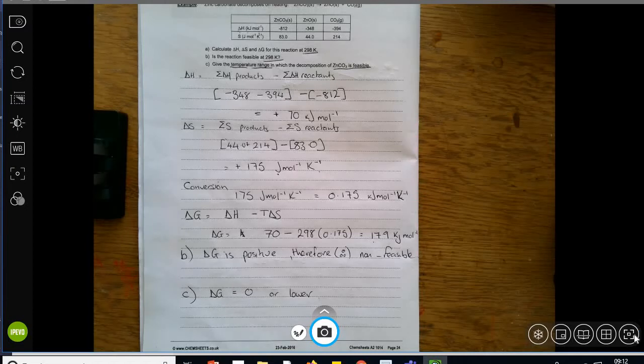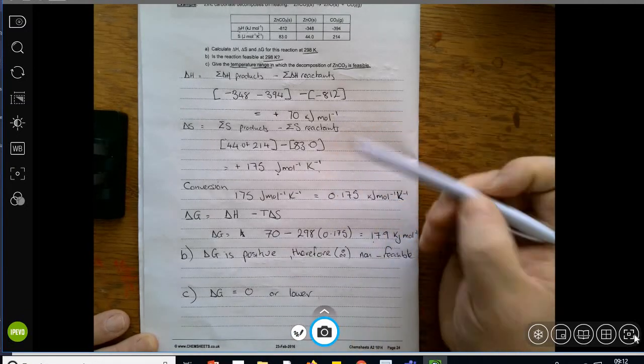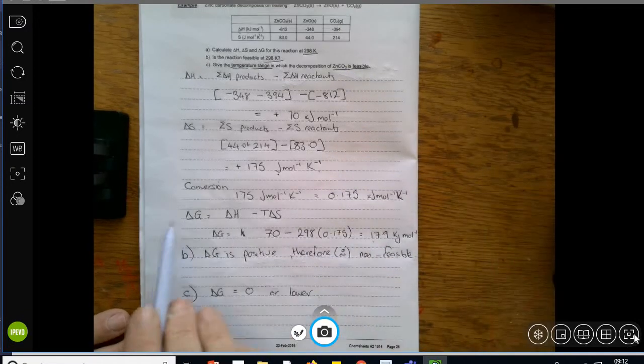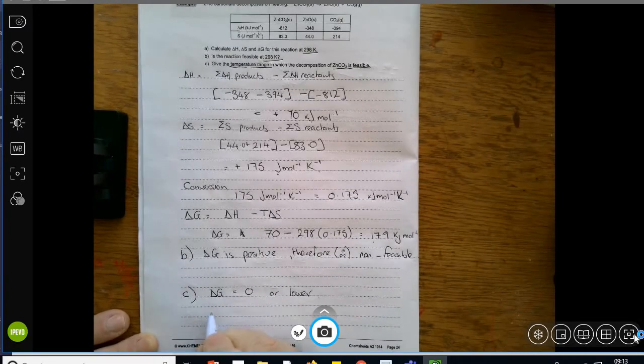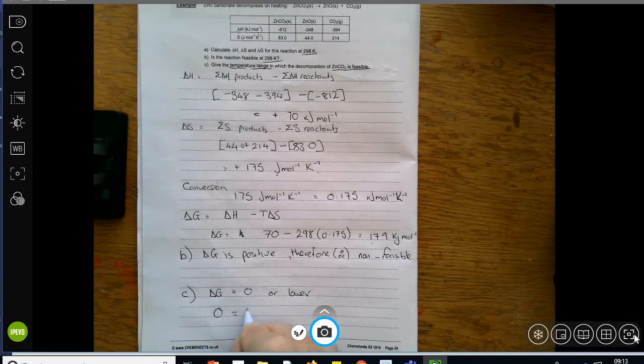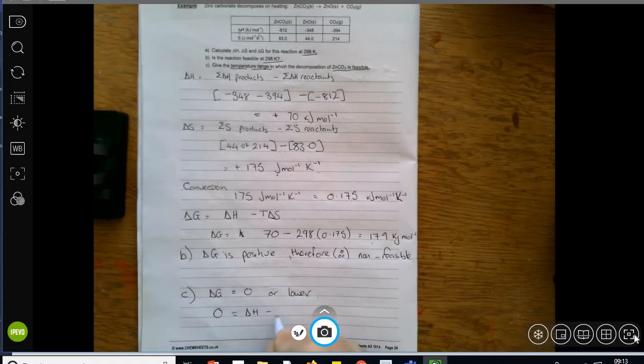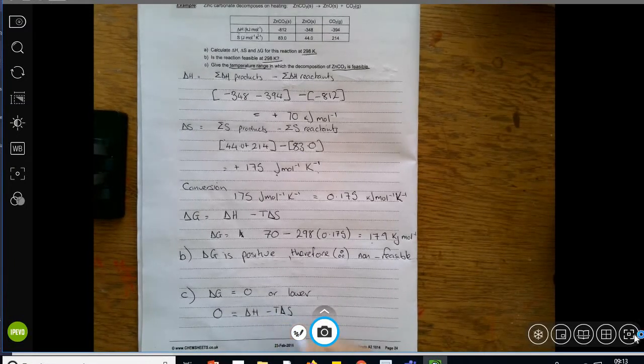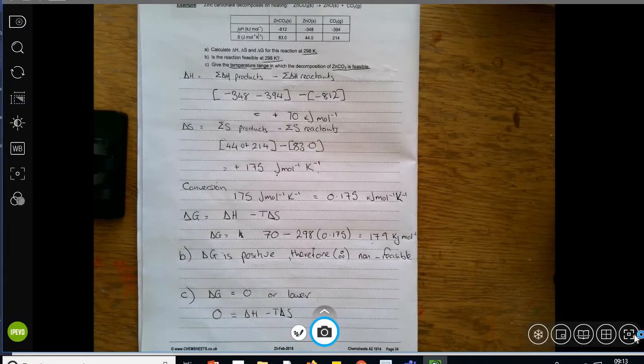It's quite easy to work out because if delta G is 0, then using the equation that we've been using, delta G equals 0, then delta H minus T delta S for it to be feasible.